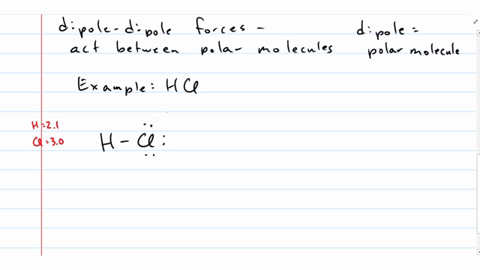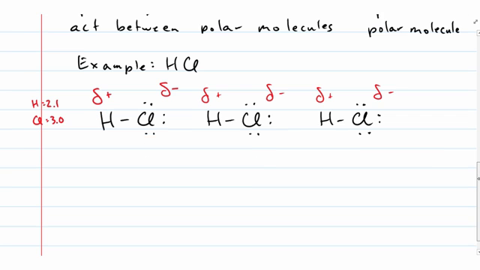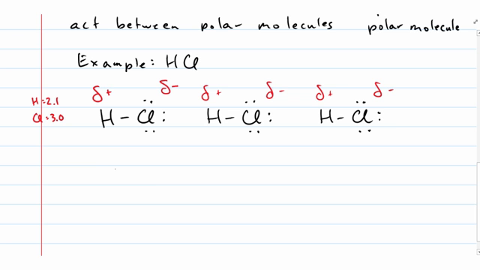Which means that these chlorines would get labeled partially negative, hydrogens get labeled partially positive. Now if we had more molecules of HCl, those additional molecules would line up in a very predictable manner. They would always line up such that the partially positive hydrogen of one molecule is always near the partial negative atom of a different molecule.